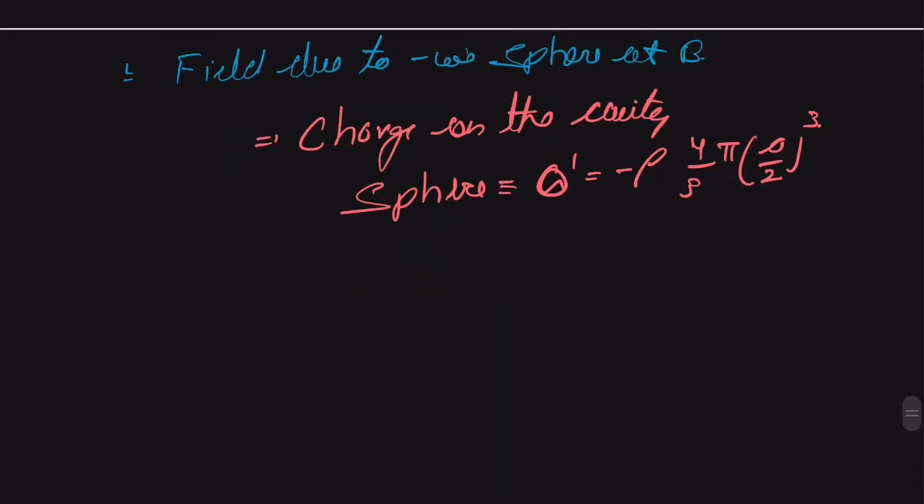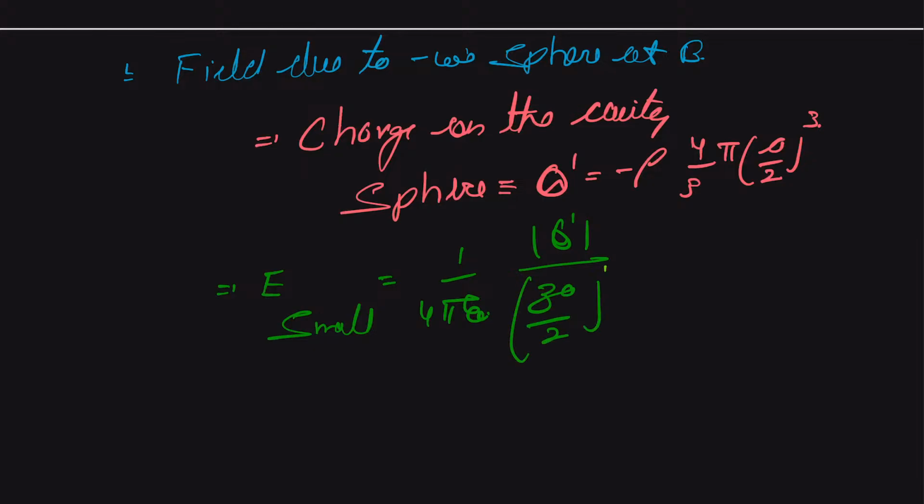Therefore, the electric field because of the small sphere will be equal to 1 upon 4 pi epsilon naught times q prime over 3A by 2 whole square.